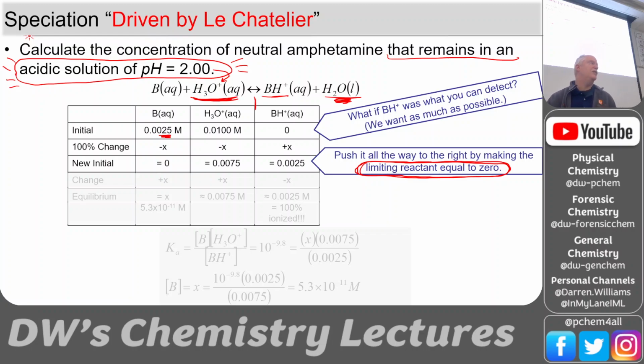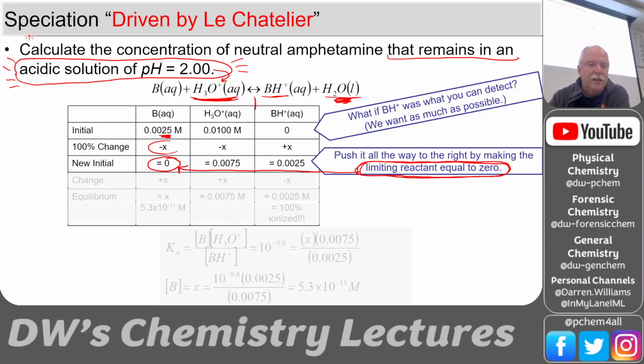Because I'm choosing to put an excess amount of acid in there. So I'm putting it in an acidic solution of pH 2. And the base is such a small amount, it's not going to change the pH or the hydronium ion concentration very much. And so we're going to drive all of that base to the product side by setting this equal to 0.